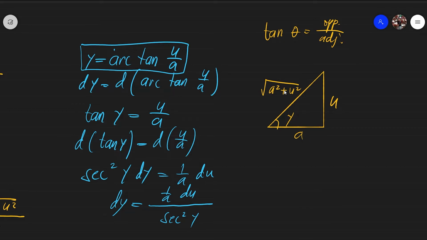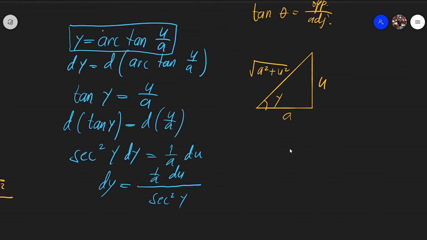Now, from this right triangle, you can then find the value of secant squared y, or secant y muna.